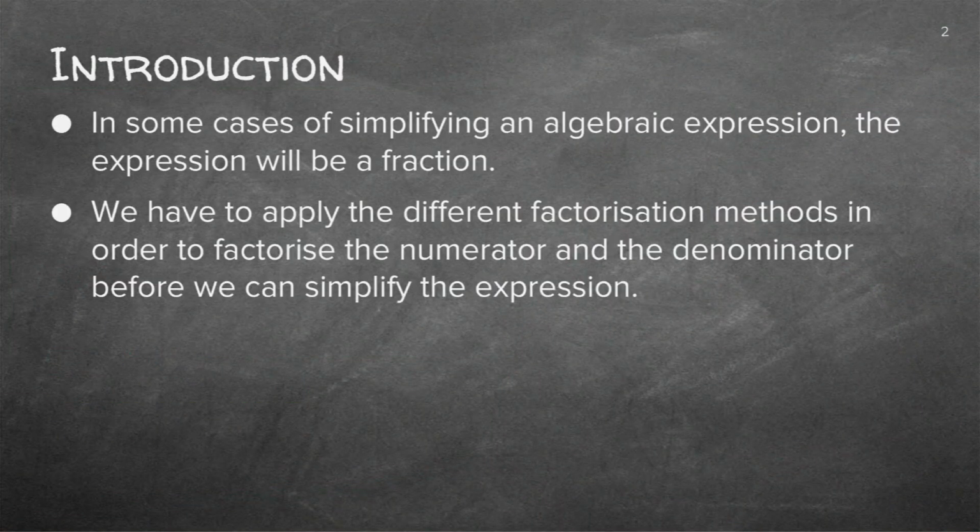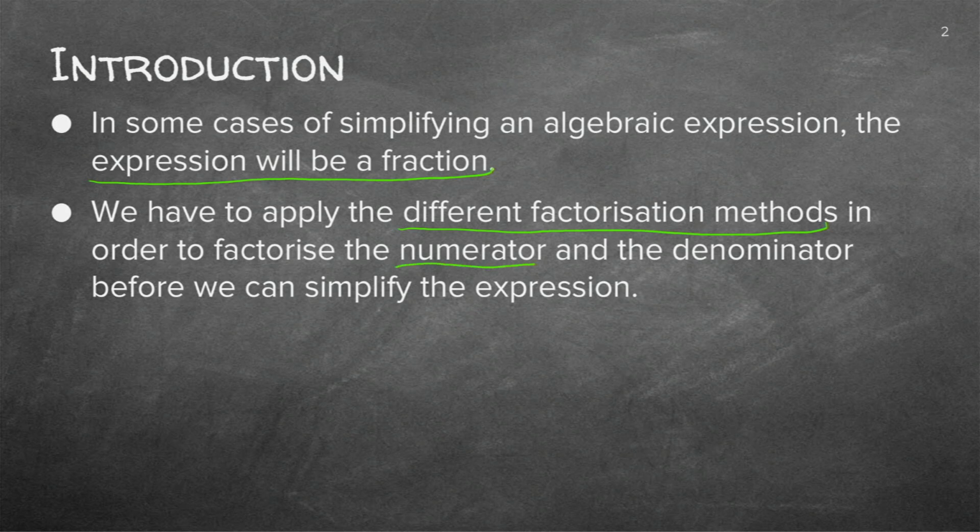The first part of our lesson today looks at the introduction. In some cases of simplifying an algebraic expression, the expression will be a fraction. Today we are working specifically with fractions, and we have to apply different factorization methods in order to factorize the numerator.